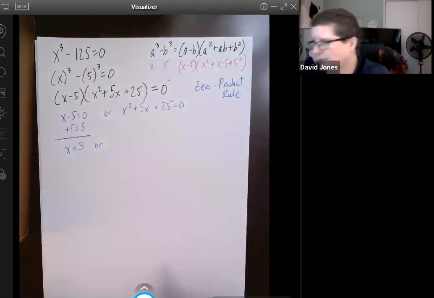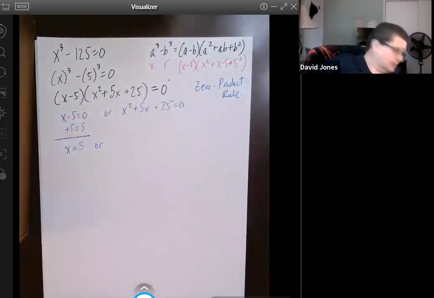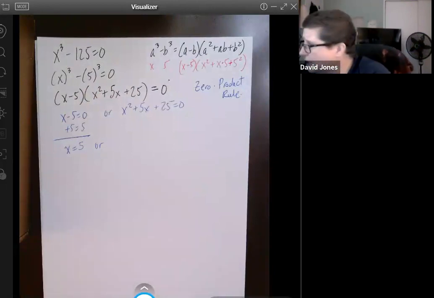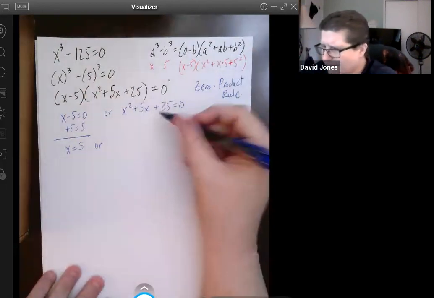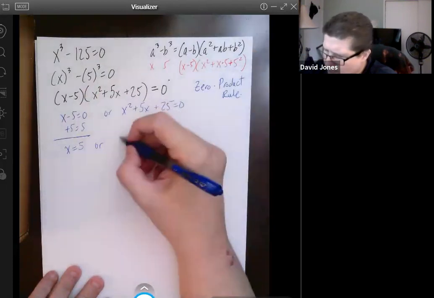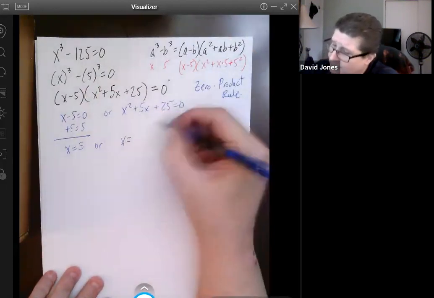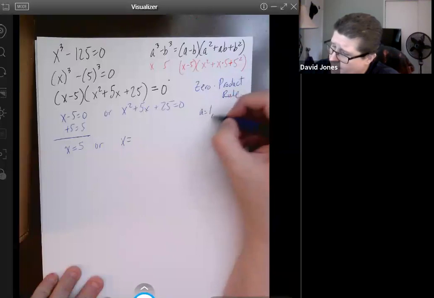Or, this does not factor well, so I'm going to use the quadratic formula. A equals 1, B equals 5, C equals 25.